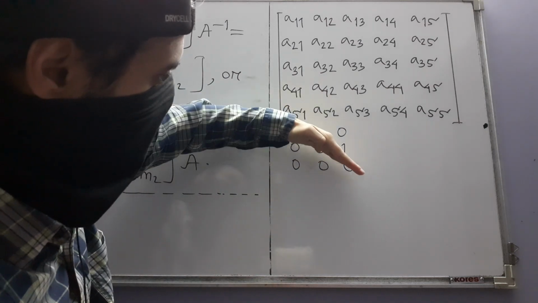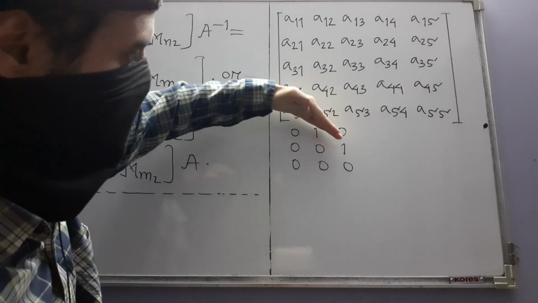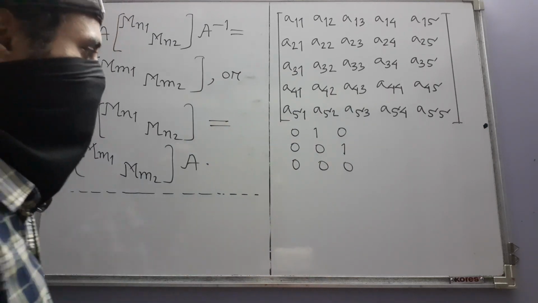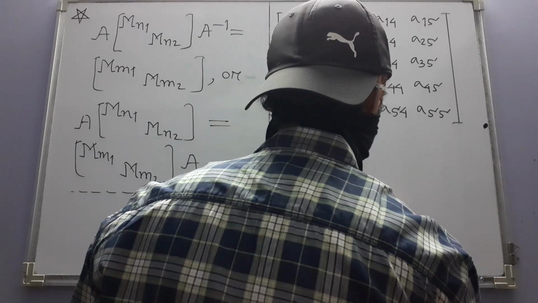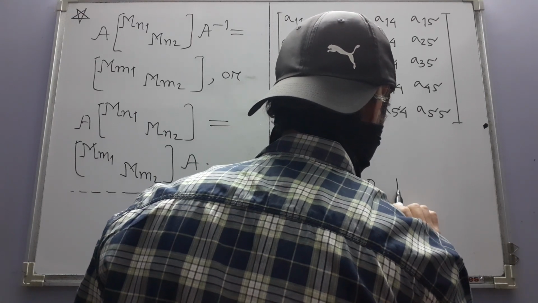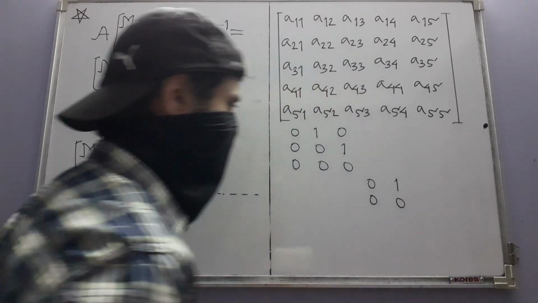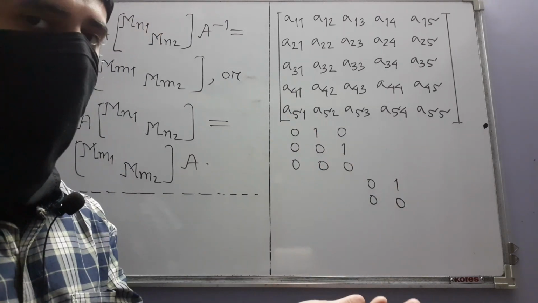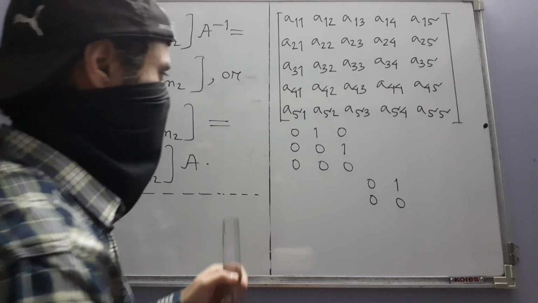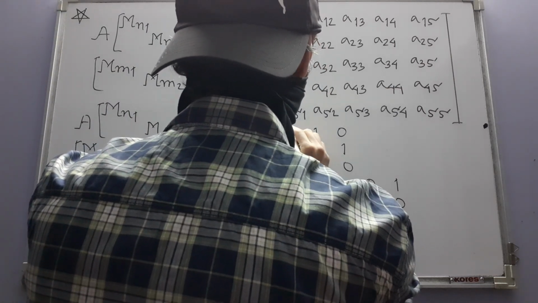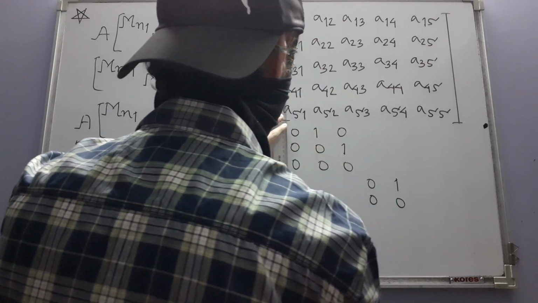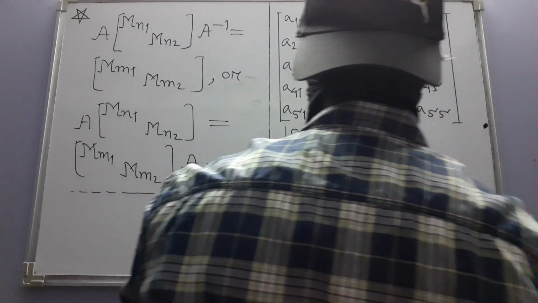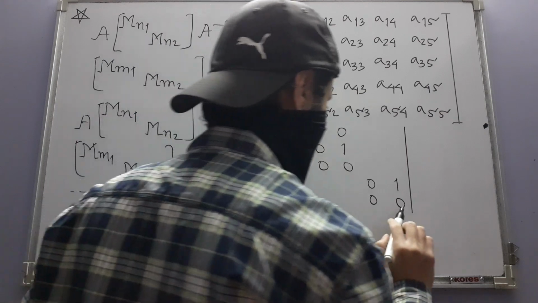This is the leading diagonal. Above that we have the super diagonal, and there we have only ones. Elsewhere it's all 0. And what is M2? M2 is 0 1, 0 0. Here the diagonal is this. The super diagonal has only one element, so there we have 1. So this is our matrix M_n1, M_n2, or in our case M3, M2.